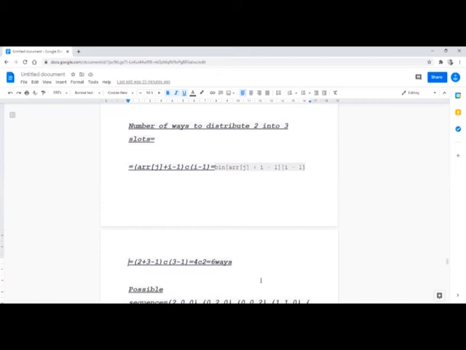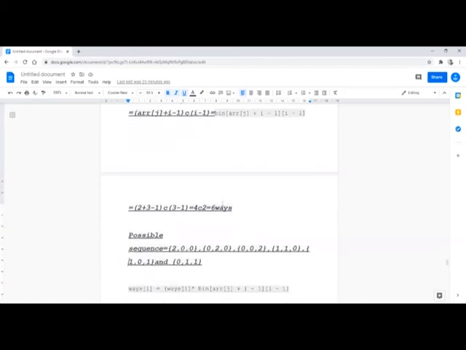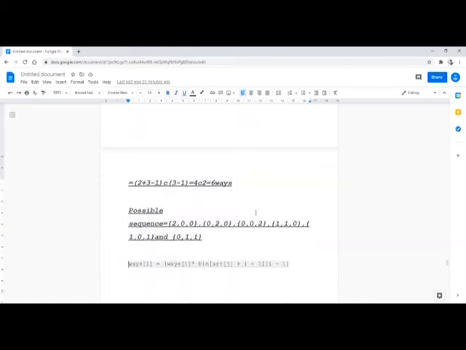Here we have to distribute 2 items, the power is 2, and we have to make 3 partitions, so we introduce 3 minus 1 fake coins. So that's 2 plus 3 minus 1 C 3 minus 1, which gives us 4C2, which is totally 6 ways.